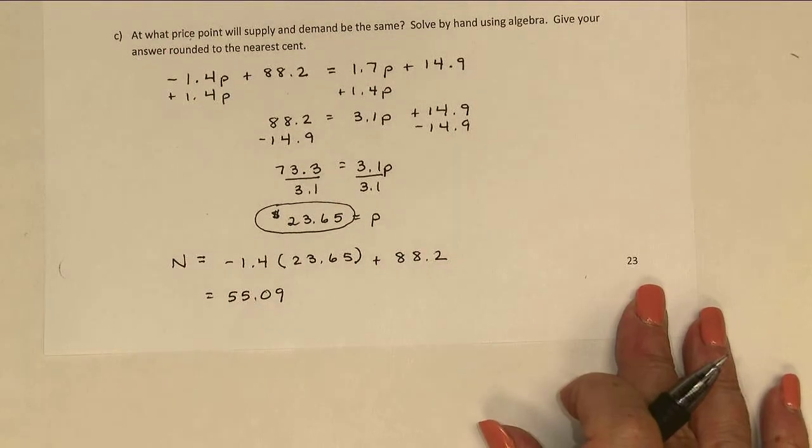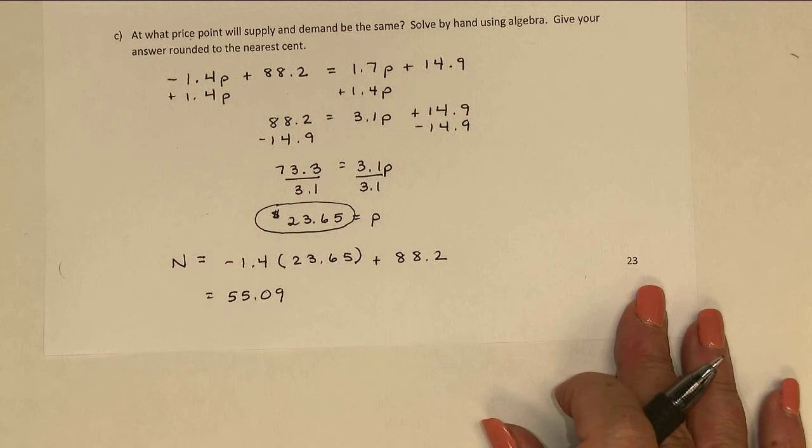Although the problem didn't actually ask for it, I want us to think about what that N value is telling us. We've already said the price is $23.65. N represents either the demand or the supply, depending on which equation we had, but it's going to be the same at that particular price.